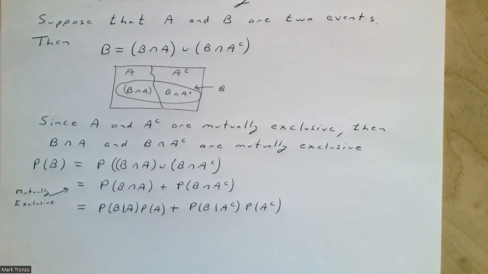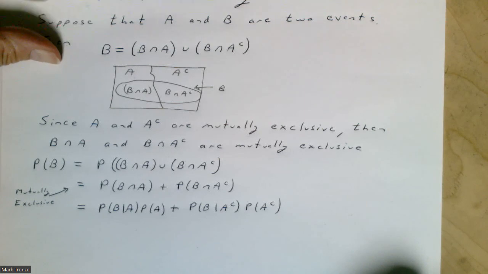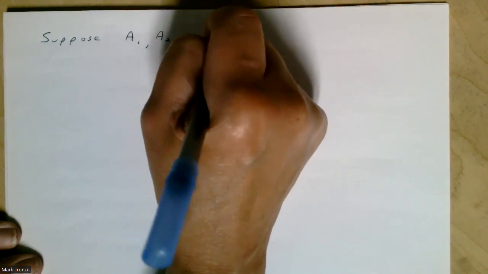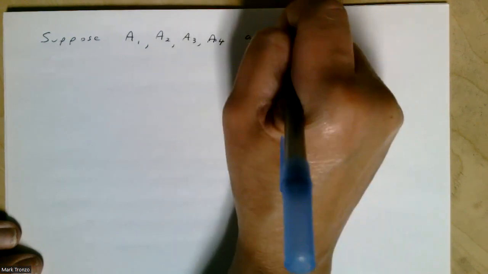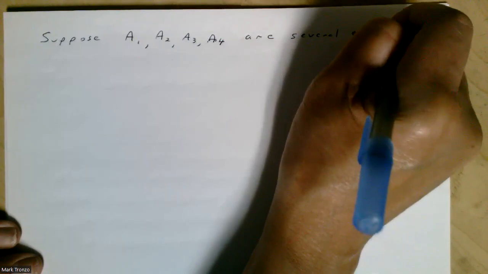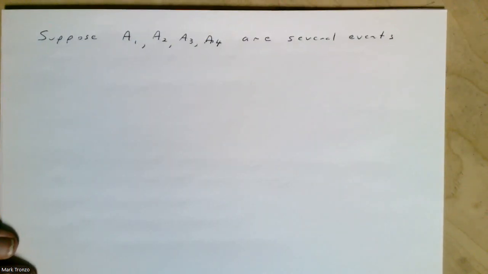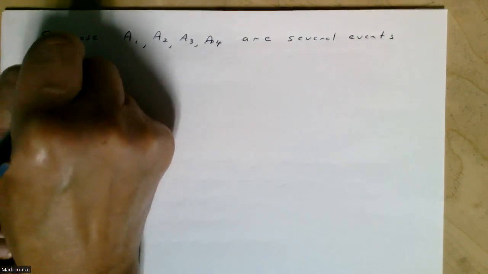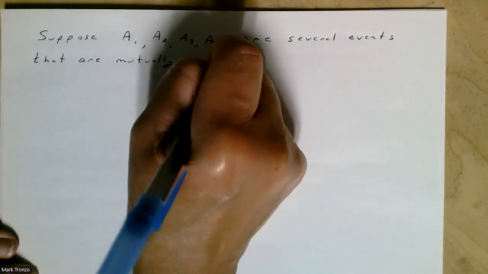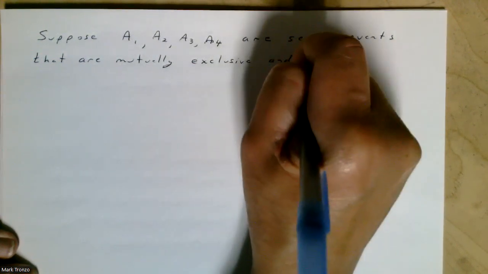Now we can extend this to several sets. Suppose you have A1, A2, A3, maybe let's stop at A4, are several events that are mutually exclusive and exhaustive.